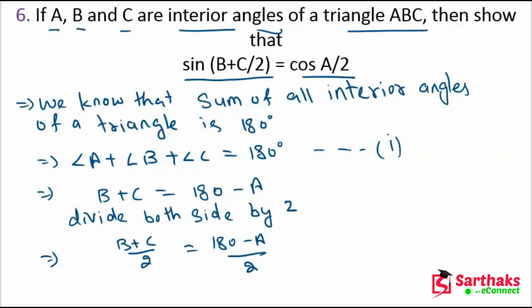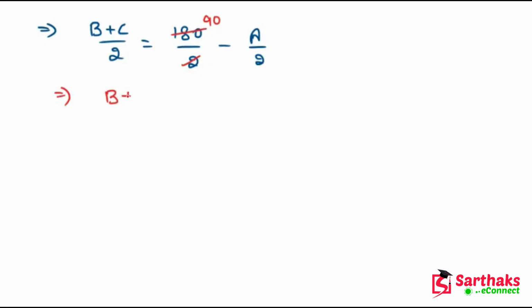If we solve it further, we get (B plus C) divided by 2 is equal to 180 divided by 2 minus A upon 2. Now 180 divided by 2 gives 90, so (B plus C) divided by 2 is equal to 90 minus A upon 2.